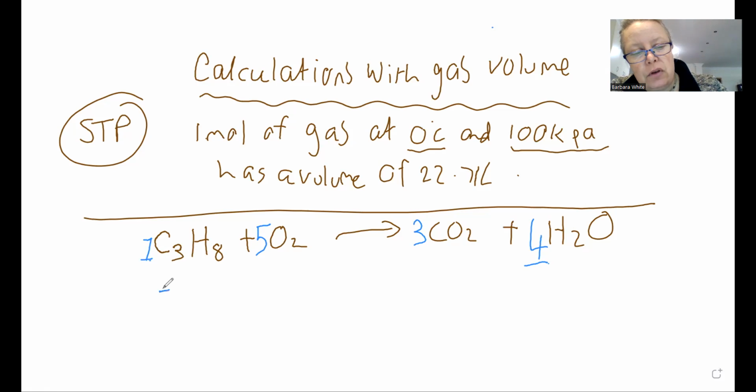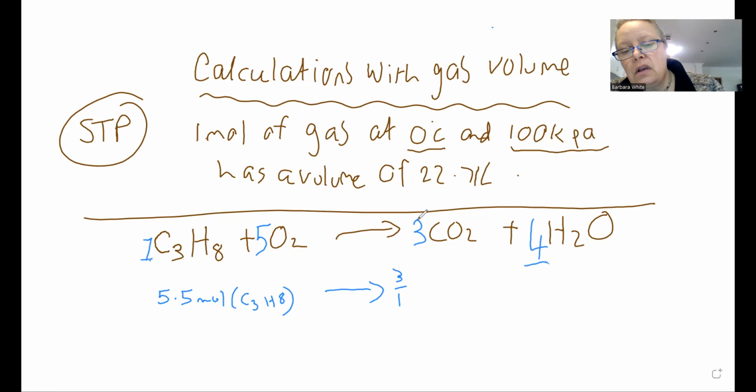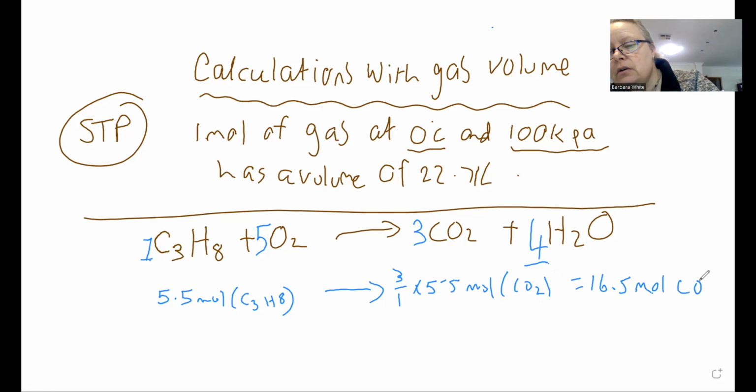So this is going to be now 5.5 moles of C3H8, which will give us, the way they do it in the book, 3/1. 3 of those, 1 of those, 3/1 times 5.5 moles of CO2, which is 16.5 moles of CO2.